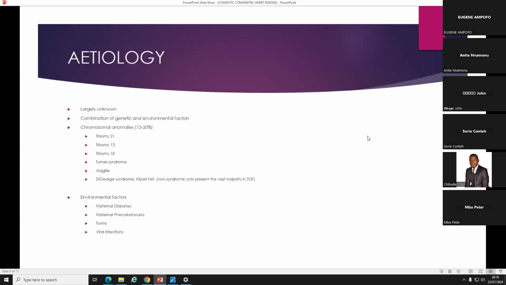A brief look at the etiology. It's largely unknown. Lots of hypotheses abound, but it could be a combination of genetic and environmental factors. A lot of chromosomal abnormalities in 15 to 20% of cases have been implicated: Down syndrome, trisomy 21, trisomy 13, trisomy 18, Turner syndrome, Alagille syndrome, DiGeorge syndrome, that's the 22q11 deletion syndromes, Klippel-Feil.